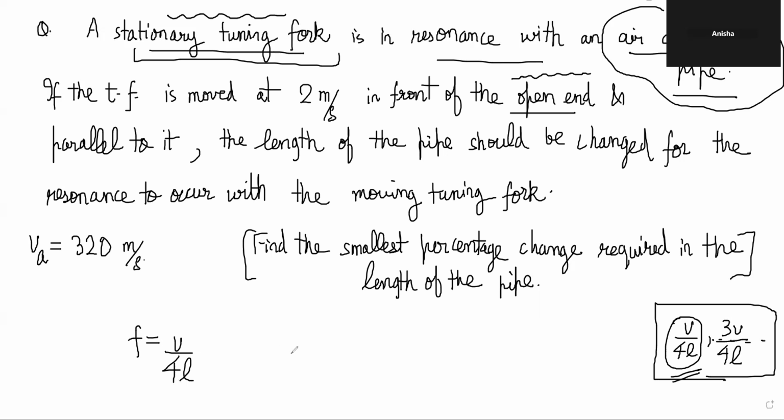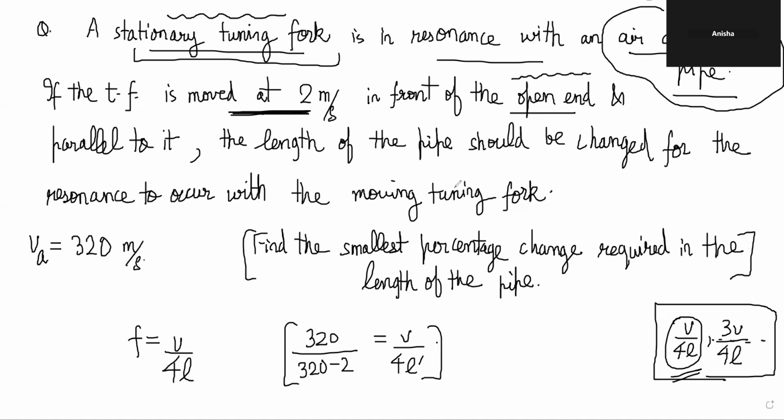Then we will apply the Doppler effect on it at 2 meters per second, right? It is being moved around. So we'll say 320 by 320 minus 2 should be the V by 4L dash.